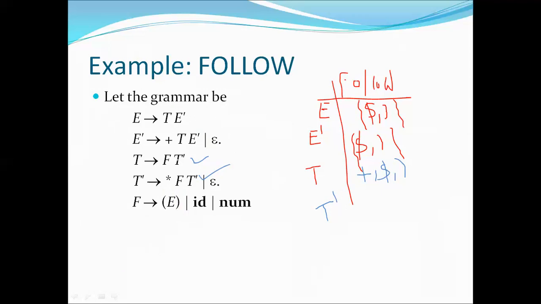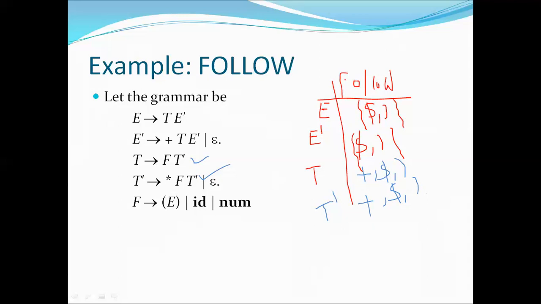T dash is following nothing, so include the follow of T according to the third rule. What is the follow of T? Plus, dollar and closing bracket. These three will be included according to the third rule. And here also T dash is following nothing, so include the follow of T dash, which is the same: plus, dollar and this one.